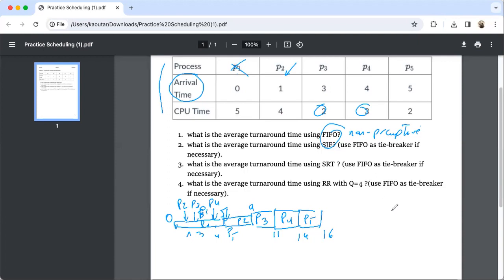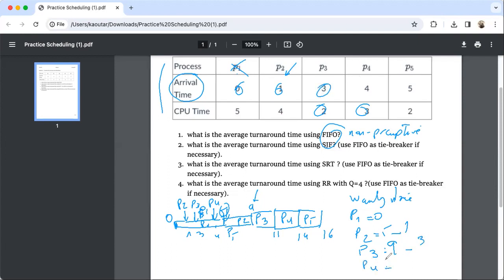And then we have to start by calculating the waiting time. So the waiting time individually for P1, it arrived at 0 and it started running at 0. So it waited for 0. P2 arrived at 1 and started executing at 5. So 5 minus 1. P3 started executing at 9 minus the arrival, which is 3.